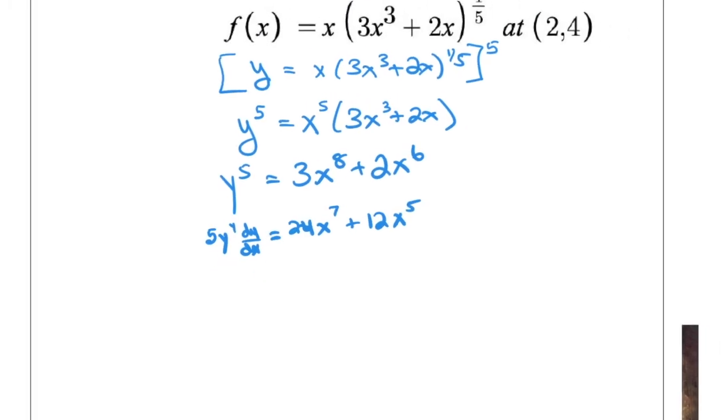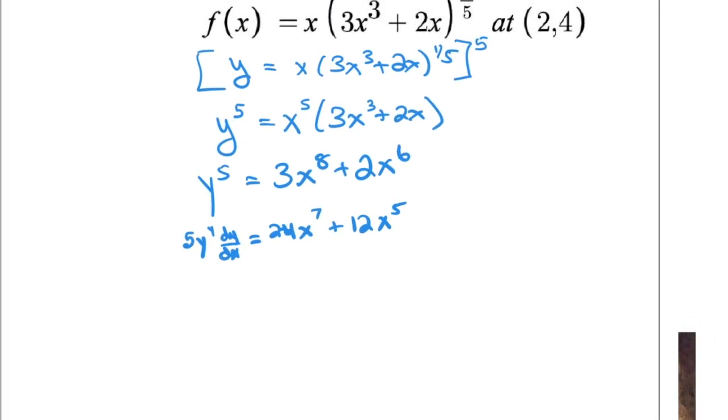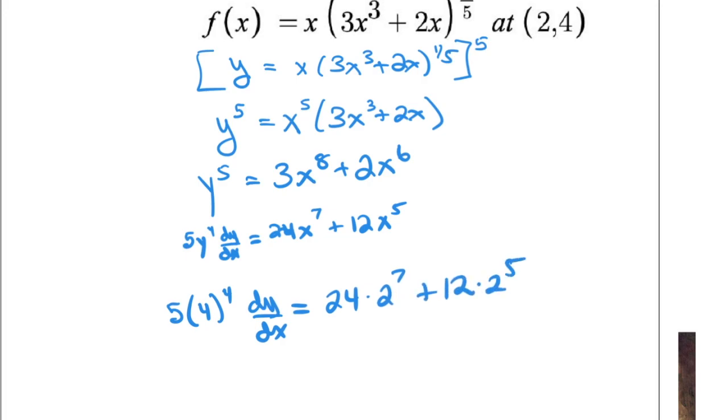Now, we're told specifically to find the slope at (2, 4). So I'm going to figure out my substitutions. I get 5 times 4 to the 4th dy dx equals your 24 times 2 to the 7th plus 12 times 2 to the 5th.